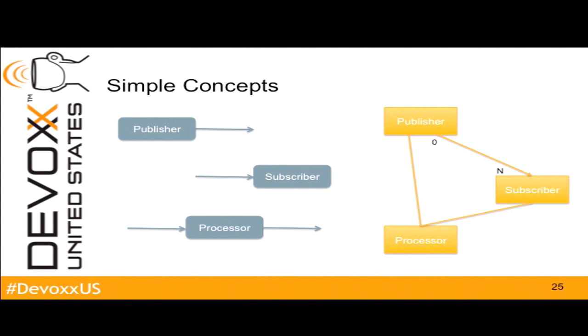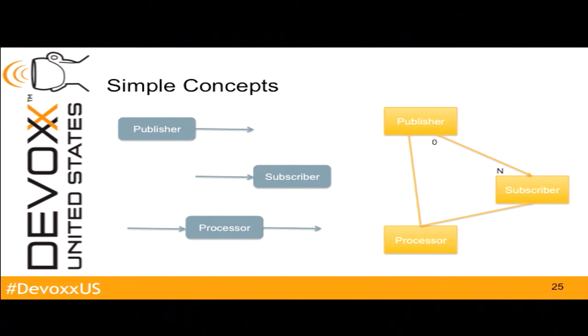And finally, we have a processor, which acts both as a publisher and a subscriber. This is a really nice model because it's very composable. If I take the processor and put it right after the publisher, what I get is a new publisher. And if I put it right in front of a subscriber, I get essentially a subscriber. So it's easy to build these pipelines and flows.